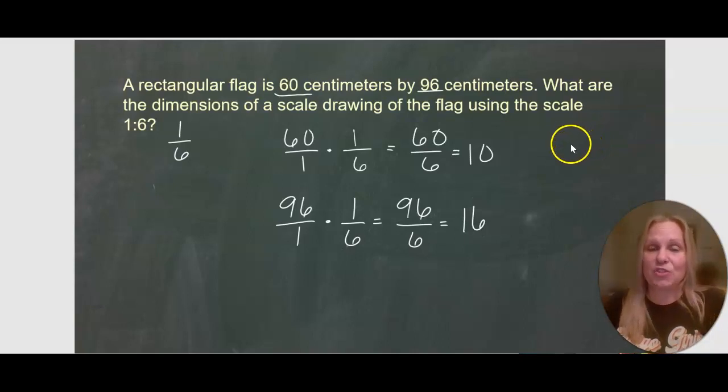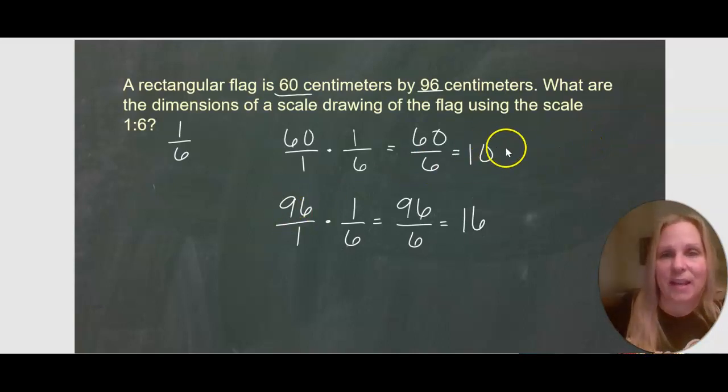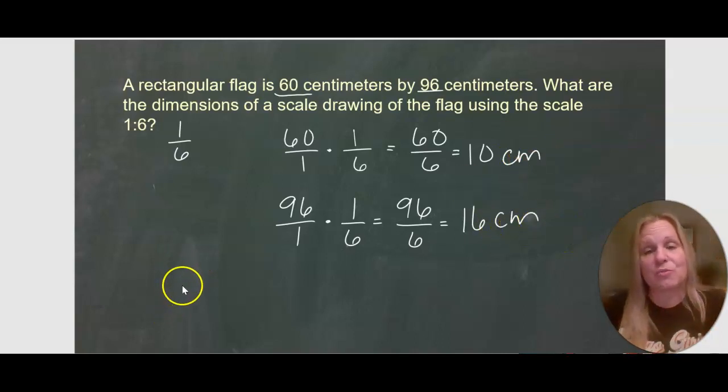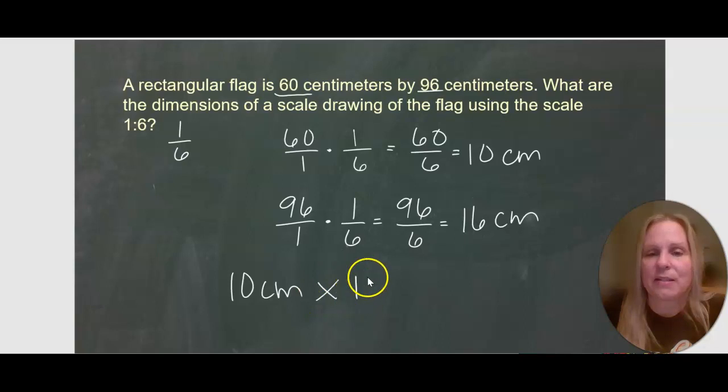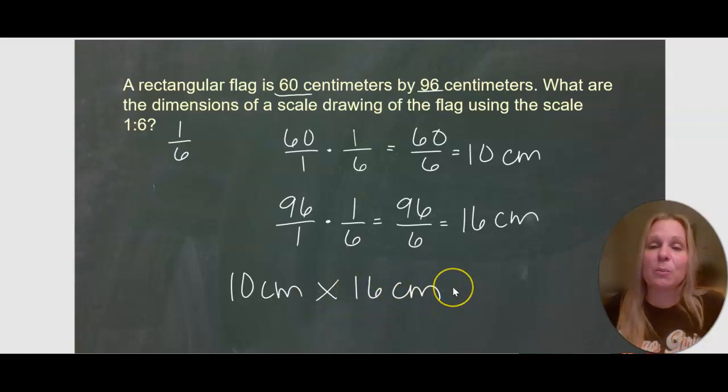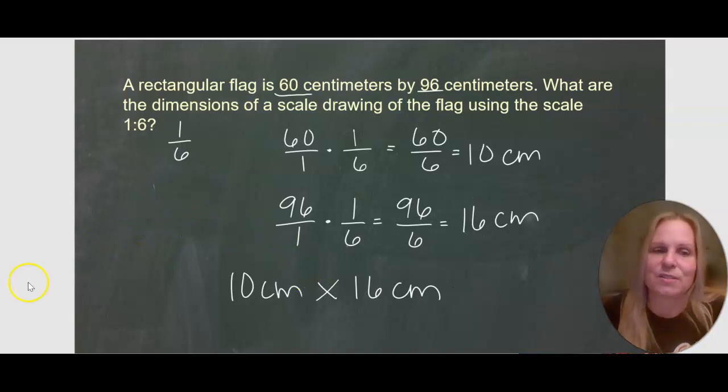So the new dimensions would be 10 centimeters by 16 centimeters. And sometimes when you see dimensions written, they use an X, so it might look like 10 centimeters by 16 centimeters. It doesn't mean you're multiplying them, it's just a convention, a way to write dimensions.